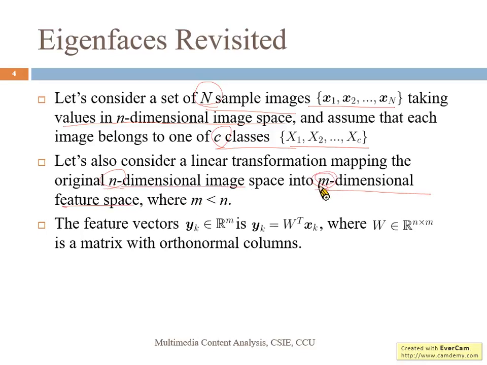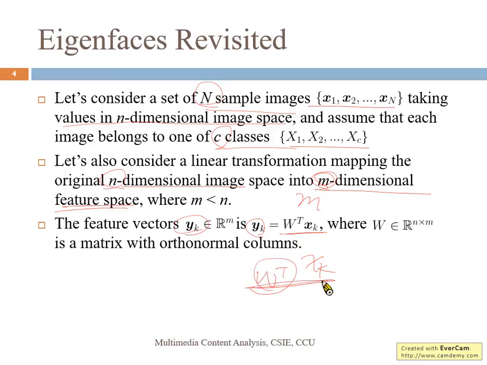This m-dimensional feature space is composed of m eigenvectors, and the feature vector yk is equal to W transpose sk, where sk is the original image and W holds the eigenvectors.